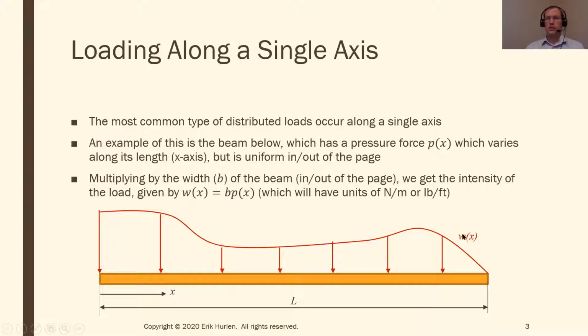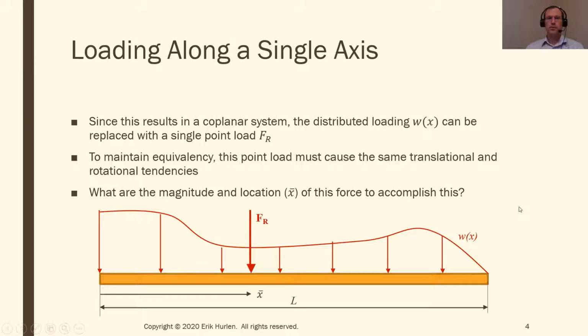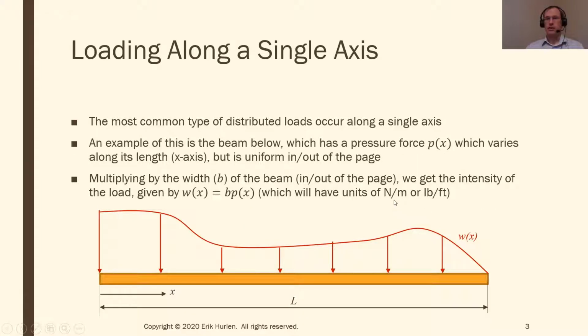So w of x is how much force I have at each location x along my beam from 0 to L. That's going to be in newtons per meter or pounds per foot, because it has an extra feet or meters in it when I multiplied it. So that's going to be the units for w of x. Anytime I have an intensity of loading, it's going to be in either pounds per foot or newtons per meter.